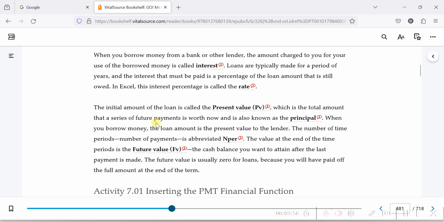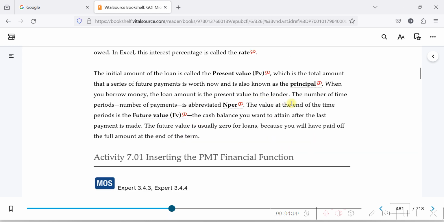PV, NPER is number of payments, FV is future value. So hopefully, if I've got a loan, my future value five years down the line is 0 because I paid it off. Future value is usually 0 for loans.